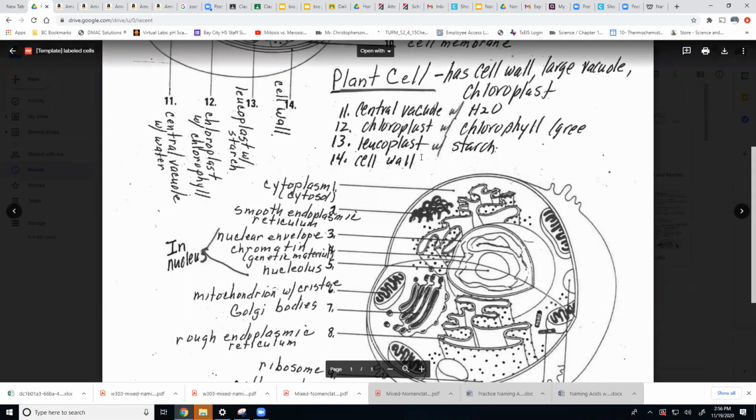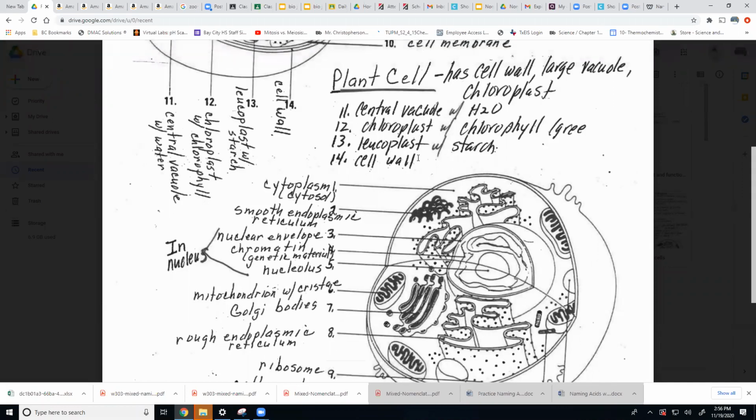It says leucoplast, and then it says with starch. That's not one that we discussed yesterday. That's not going to be a real common one.